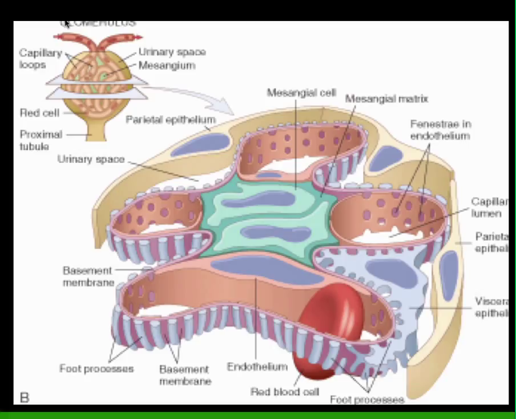Each capillary loop is lined by a single endothelial cell, which is a very unique endothelial cell in that it has large holes or fenestrae within the endothelial cell surrounding the capillary lumen. This makes the endothelial cell of the glomerulus quite different than most other endothelial cells in the body, and maybe one reason why glomerular endothelial cells are so prone to being involved in pathologic disease processes.